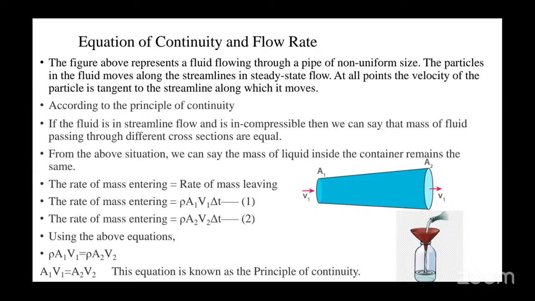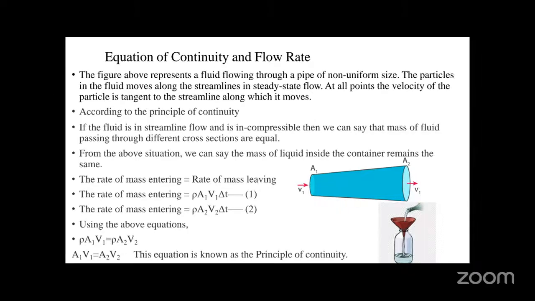So we said the rate of mass entering is equal to the rate of mass leaving. If I equate equation 1 and 2, since the flow is incompressible, the densities will cancel.